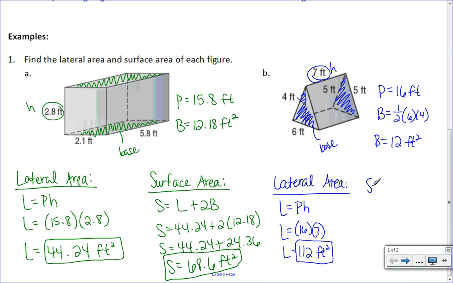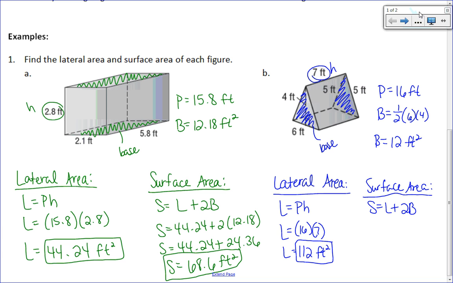Okay, for surface area, again, since we've already found the lateral area, we'll use the same formula again, S equals L plus 2B. Okay, so we know what L is. L is 112.